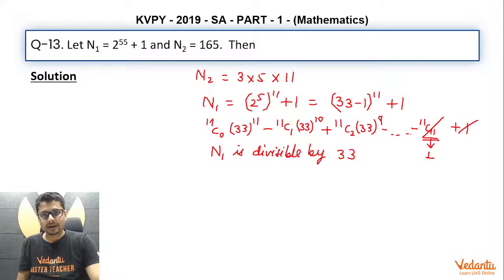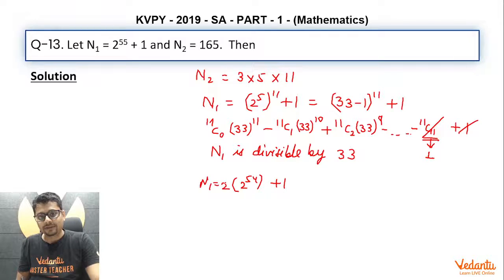Now here, just as I considered 2 to the power 5 whole to the power 11 instead of 2 to the power 55 to check whether n1 is possibly divisible by 11 or not, similarly, for divisibility by 5, I may consider n1 as 2 multiplied by 2 to the power 54 plus 1.